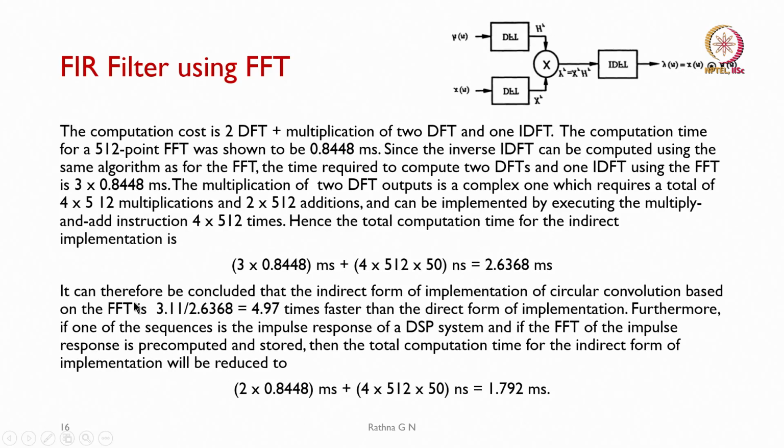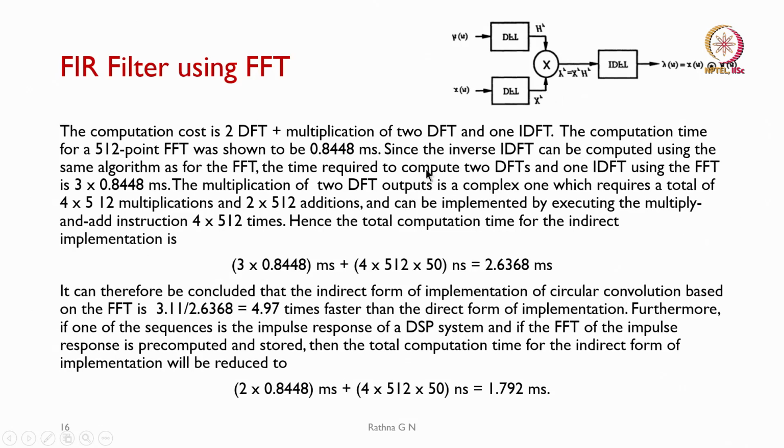Now we will see using FFT. Previously we calculated that each FFT needs 0.8448 millisecond, and how many times do I have to do it here? 1, 2 and then 3 of them, because even the IDFT is equivalent to a DFT. So, we can compute it as 3 into 0.8448 millisecond plus we have to do this complex multiplication here.